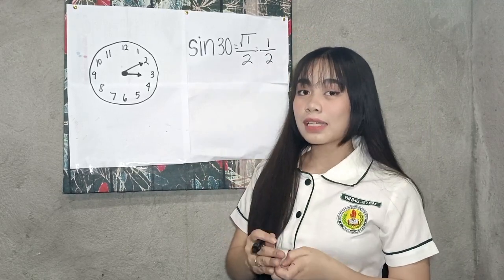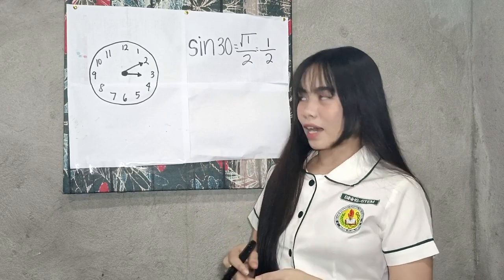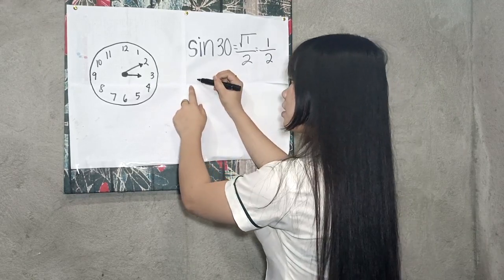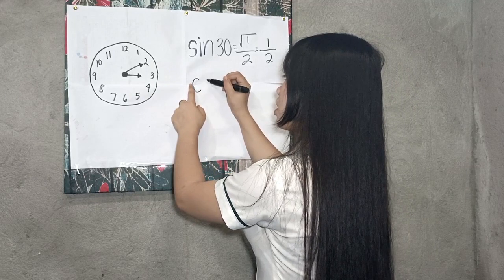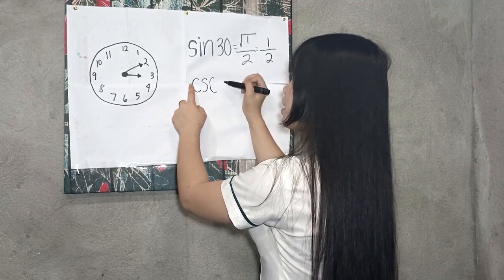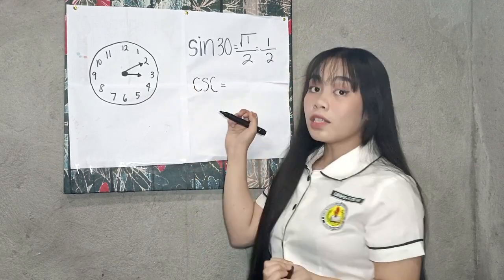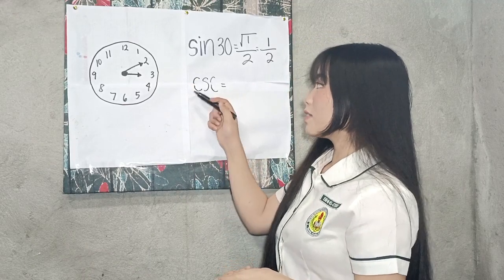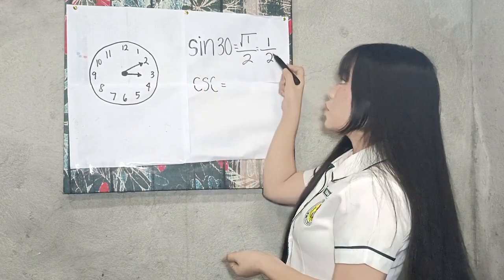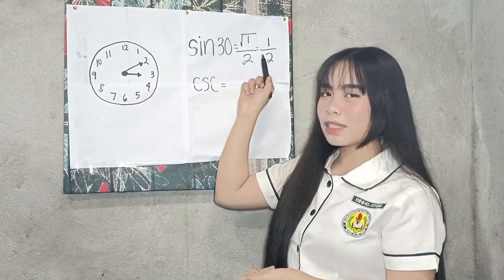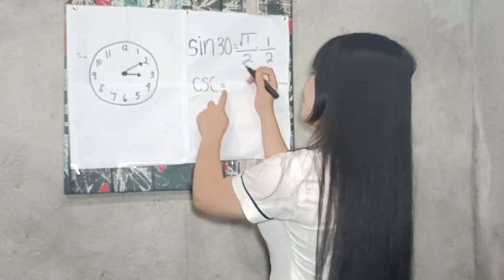So since we are tasked to get the cosecant, as we all know, cosecant is the reciprocal of sine. So we're just going to reciprocate this fraction.